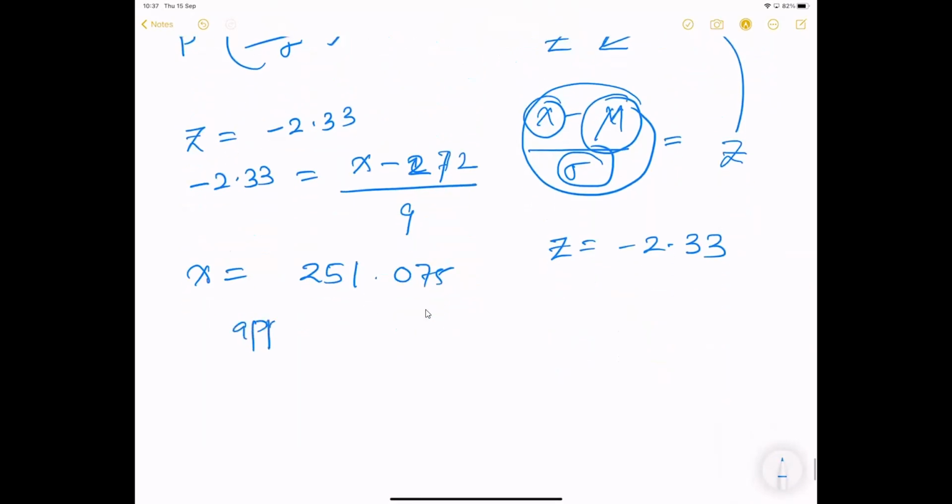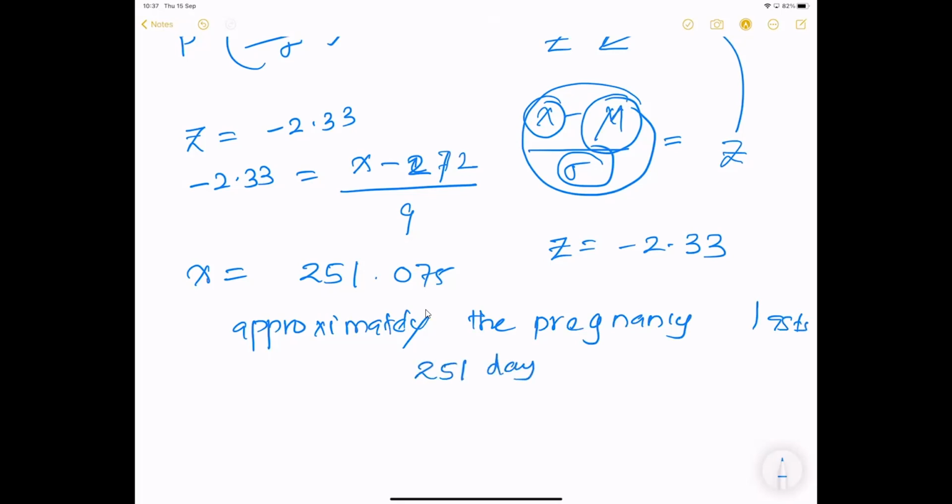Therefore, approximately the pregnancy lasts 251 days when the probability is 10%.